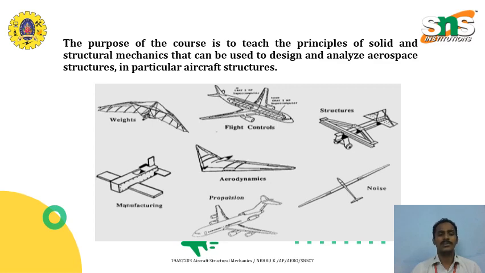These are the different structural elements which have different airframe models, and they have to be lightweight in design as well as low drag producing, so we have to concentrate on aerodynamics also.